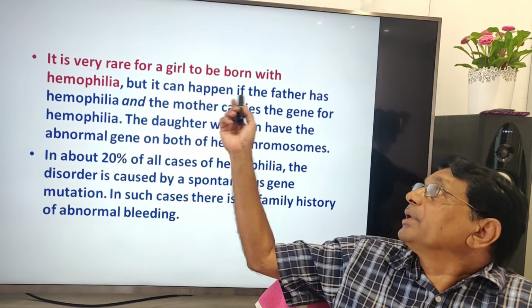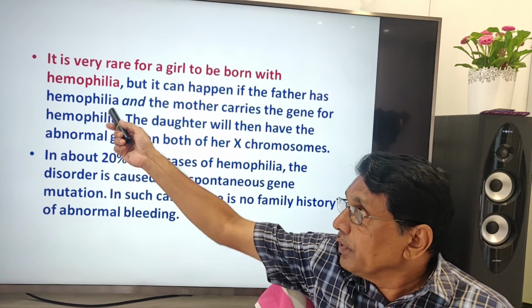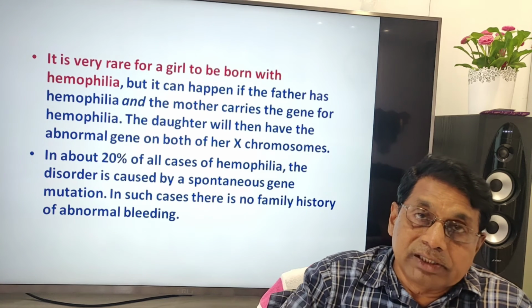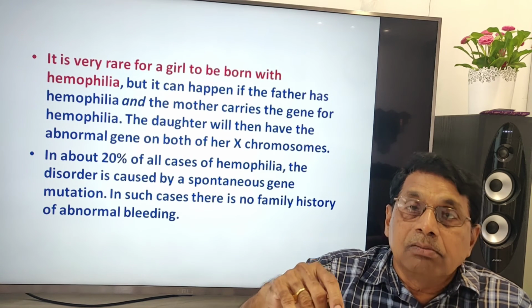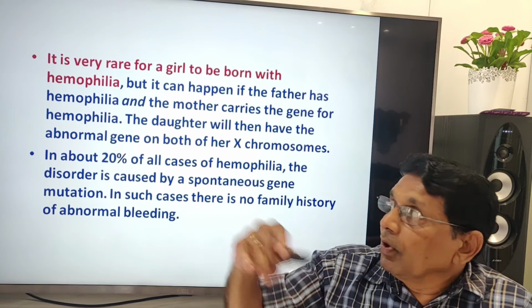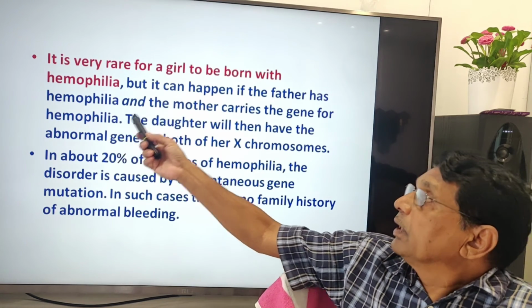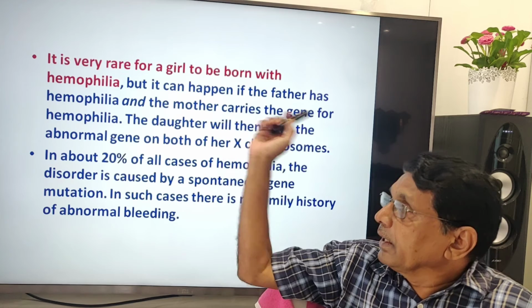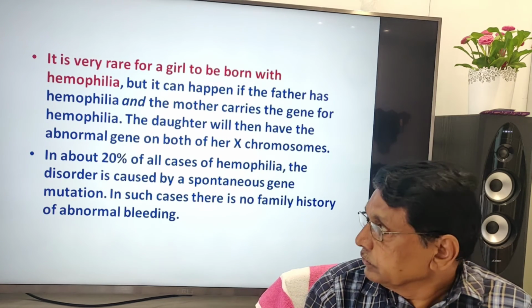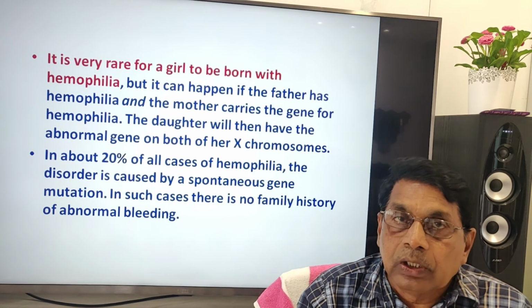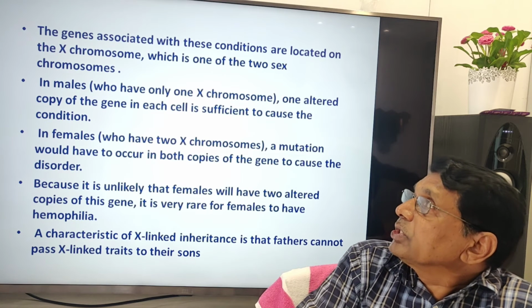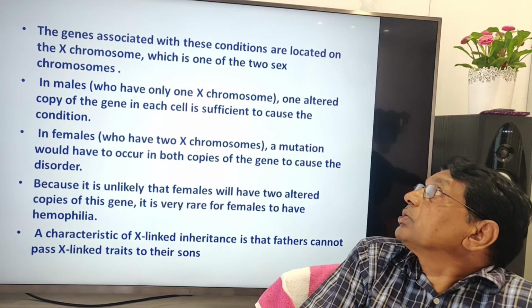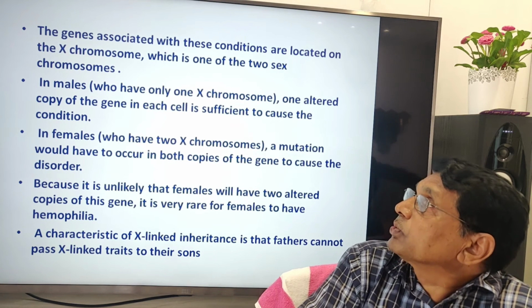This happens if the father has haemophilia and the mother is a carrier. The genes associated with these conditions are located on the X chromosome.